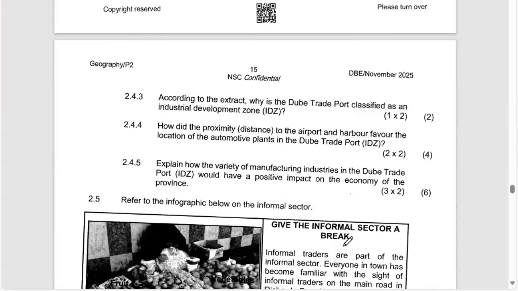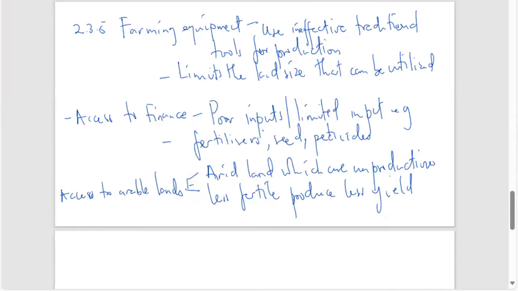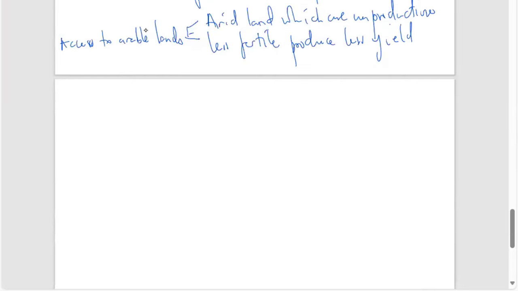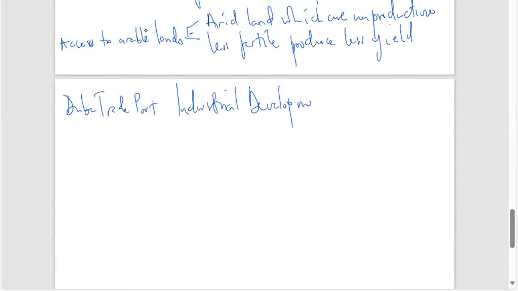That is our quote. According to the extract, why is the Dube Trade Port classified as an industrial development zone? Right. Let me clarify on the industrial development zone for the sake of clarity of the question. We are saying, why is the Dube Trade Port regarded as an industrial development zone?